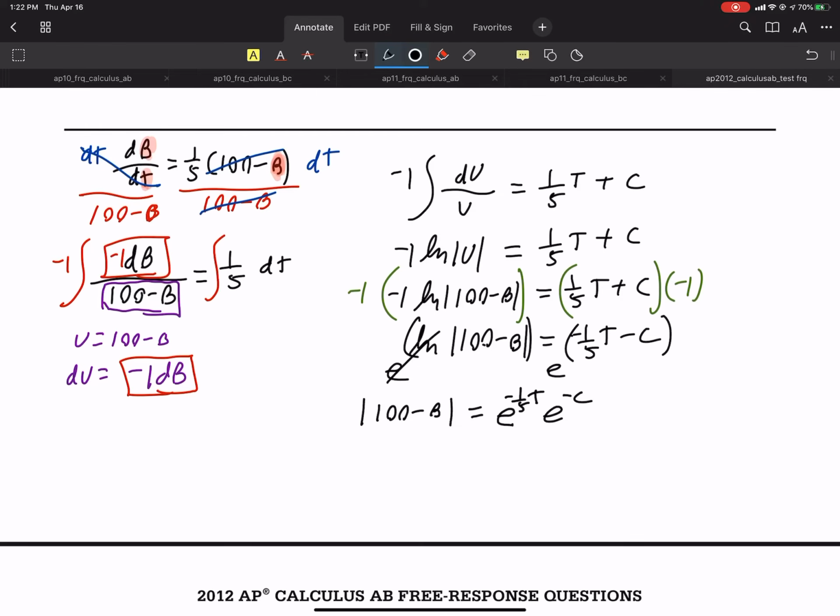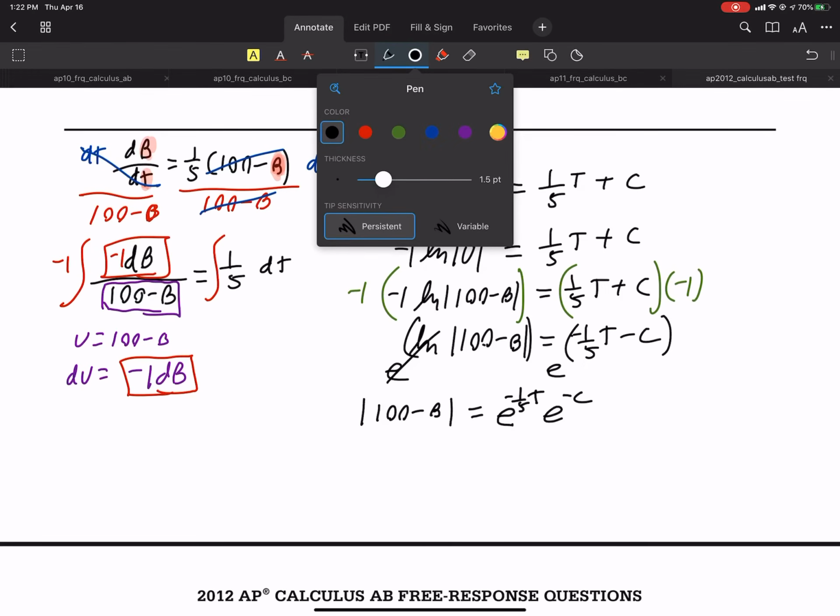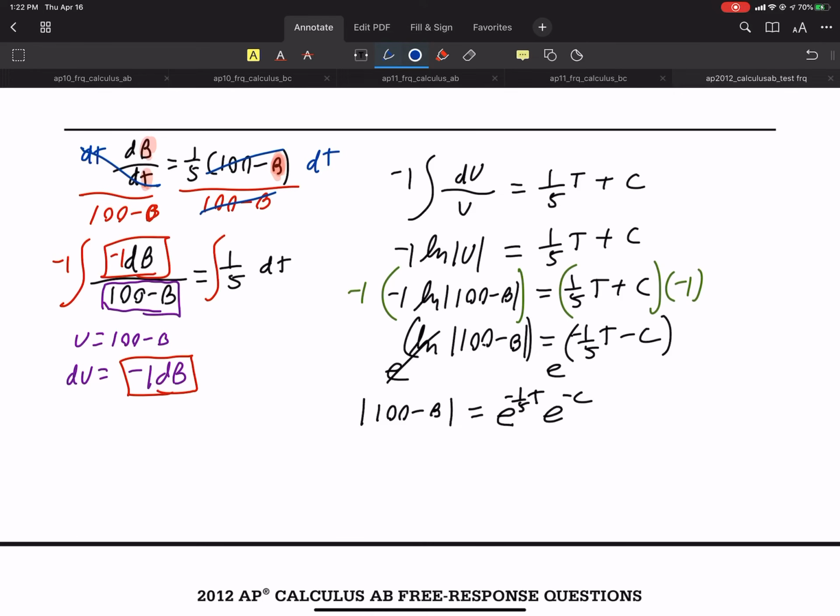Now I'm going to do another little trick here. I'm going to let k equal e to the minus c, because e is a constant and minus c is a constant, so those combined is just a new constant. So I'll just rename it as constant k.